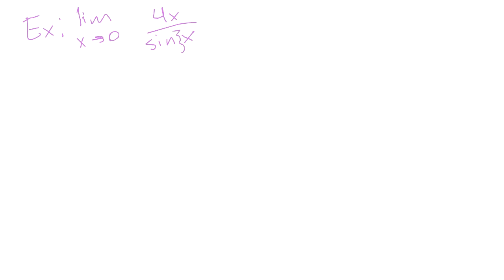Pretend that's 3. This isn't quite in the form of our sine of x over x, but we can tell it's kind of similar. So we're going to have to transform this function a little bit. The first thing we can do is see if we can get a 3 somewhere in that numerator.